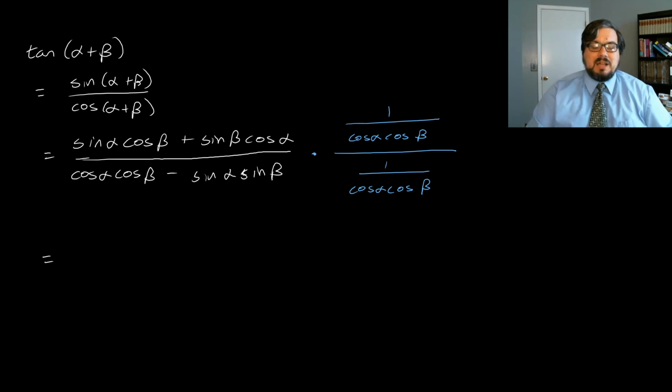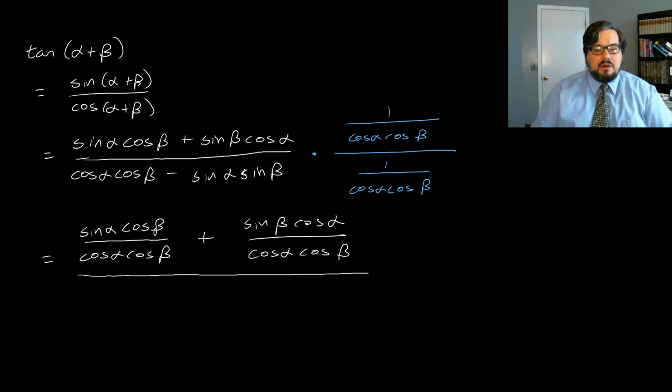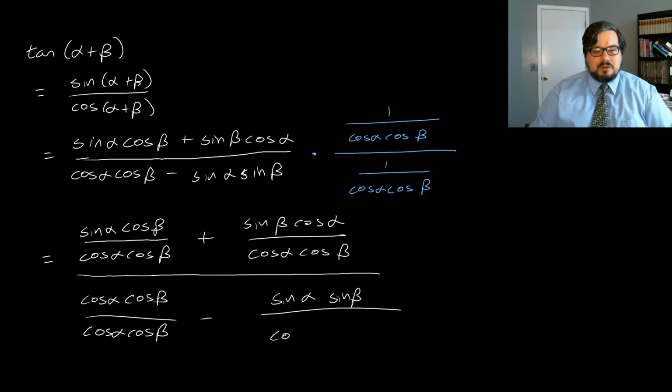So when we multiply the numerator and denominator by cosine alpha cosine beta, we get sine alpha cosine beta over cosine alpha cosine beta plus sine beta cosine alpha divided by cosine alpha cosine beta, all over cosine alpha cosine beta over cosine alpha cosine beta minus sine alpha sine beta over cosine alpha cosine beta.